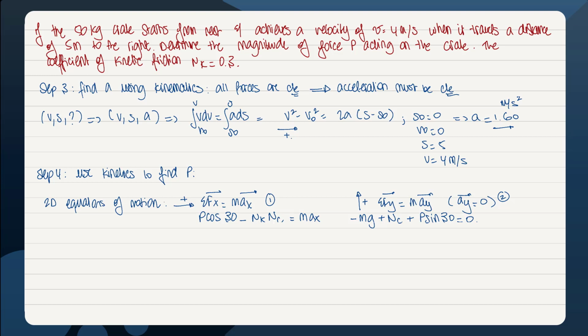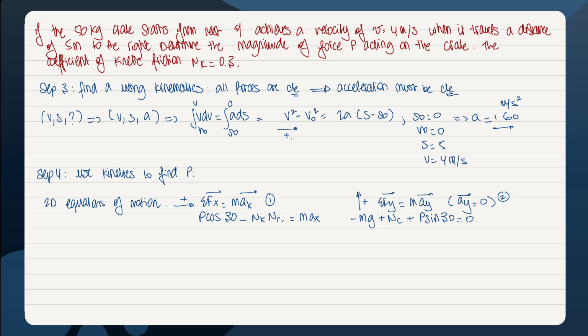Since we're dealing with a two-dimensional problem, we need to write down 2D equations of motion, so two equations of motion. The first one along the x-axis is sigma Fx equals max. Again, it's always good practice to mark the positive sign convention next to the equation to avoid making mistakes.